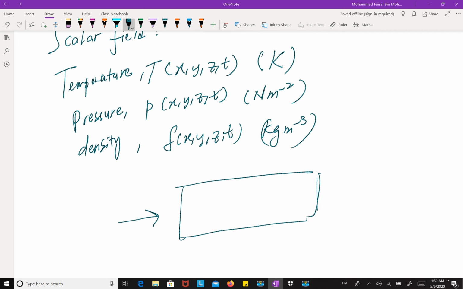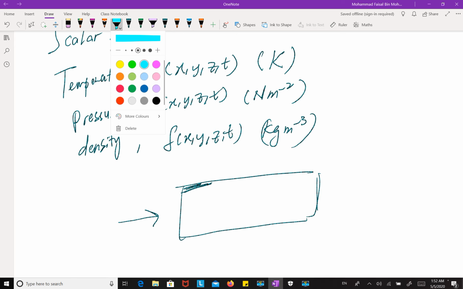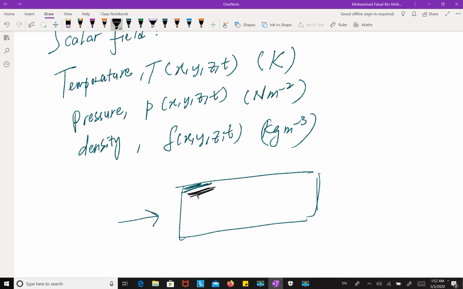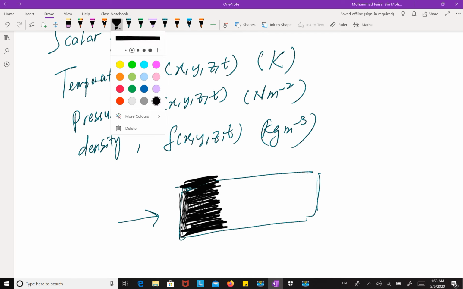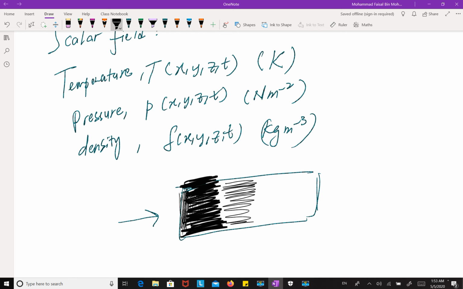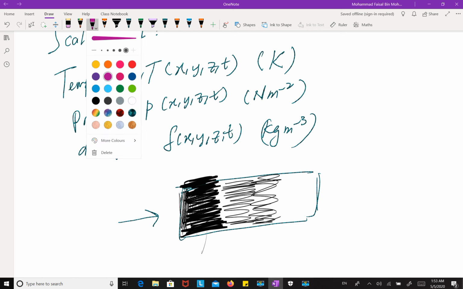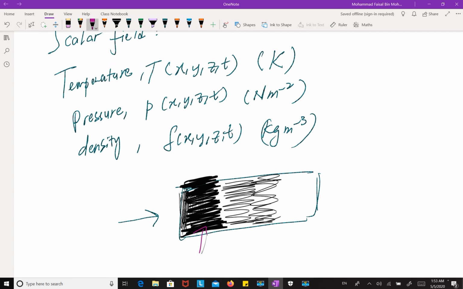So temperature near the heated wall will be darker, so this darker region is representing the higher value of temperature.